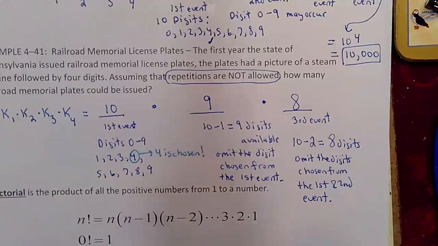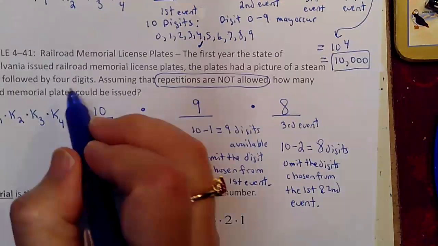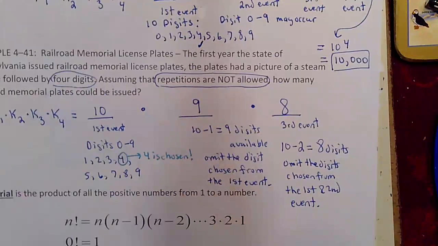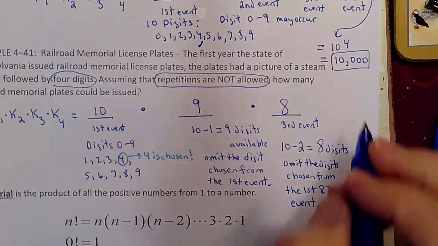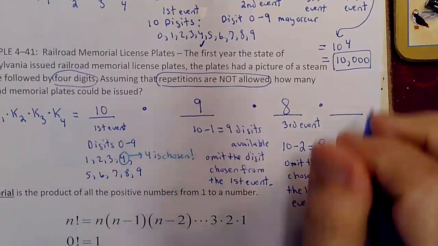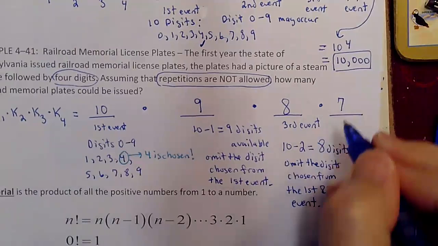And then there's one more, because remember there were supposed to be four of them pulled out for this license plate that's going to show up with these 4 numbers after this steam engine. So it should be 10, 9, 8, and then this one should be 7, right? 10, 9, 8, 7.